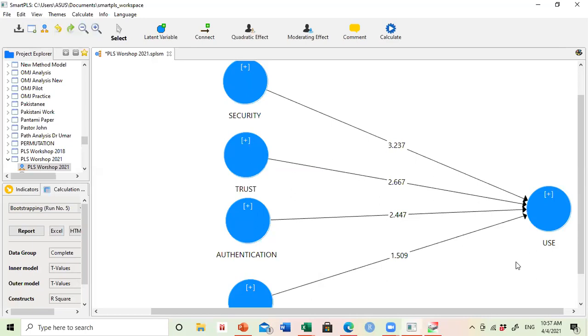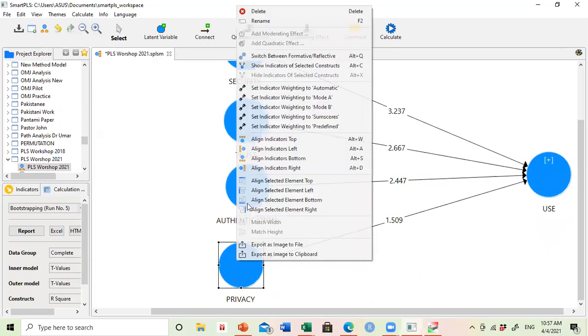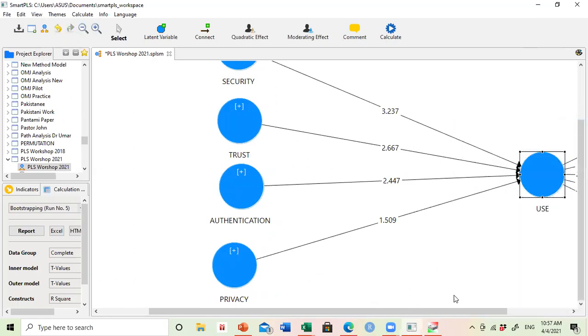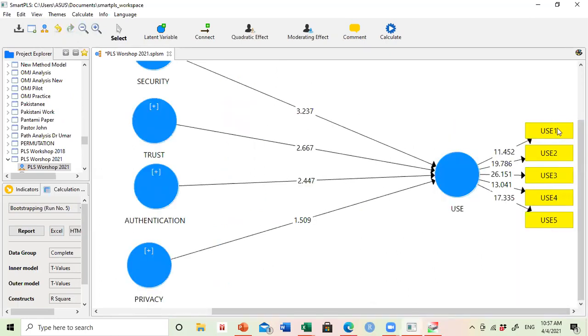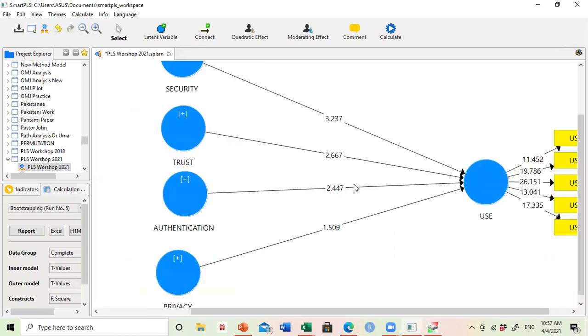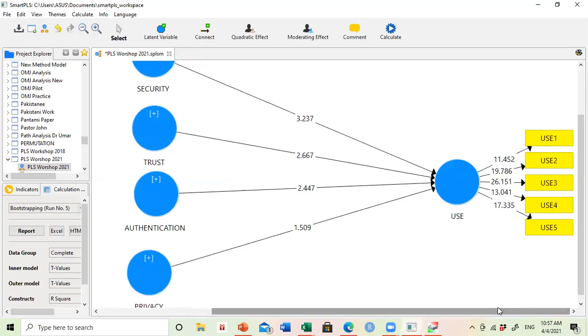When we bootstrap, we are resampling, meaning the computer is taking different items at different points. For example, if you have 5 items, if the software runs bootstrapping, the first thing it does is resampling.